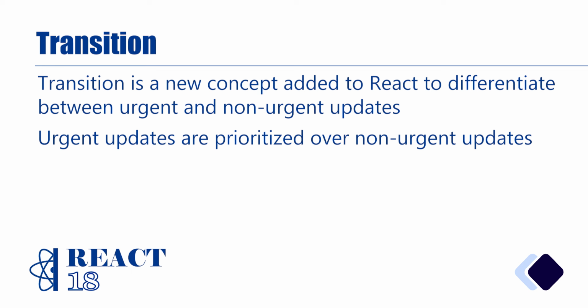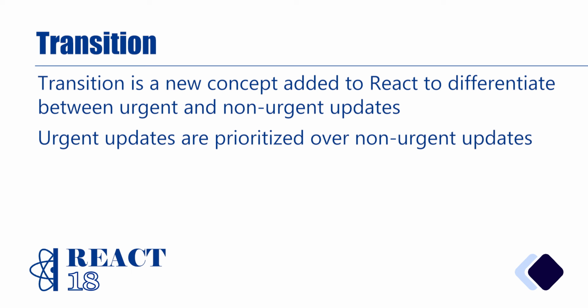Urgent updates need an immediate response for matching the user's intuition and experience when they deal with physical objects. That is, when a user is dealing with urgent updates, they need a quick response compared to when they are dealing with transition updates.